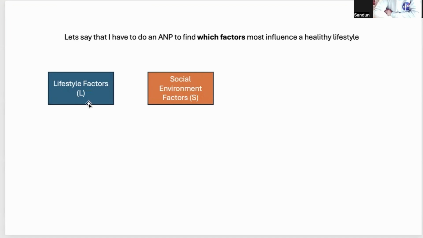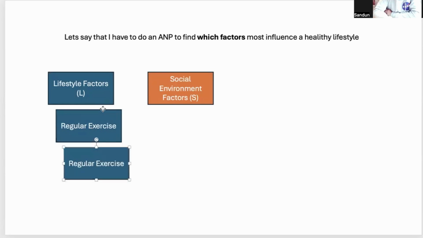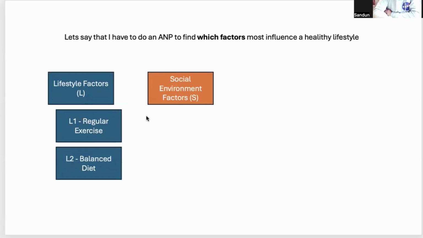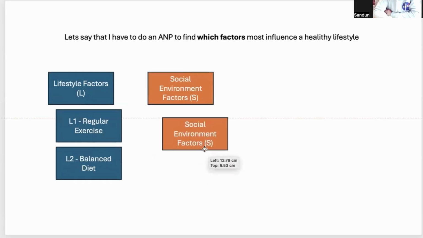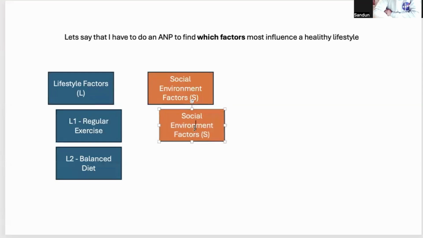Under the lifestyle factors, I can put several sub-levels or sub-criteria. I would say regular exercise, and something like balanced diet. So regular exercise is my L1, and balanced diet is my L2 under L. For the social factors, I am going to list two things.